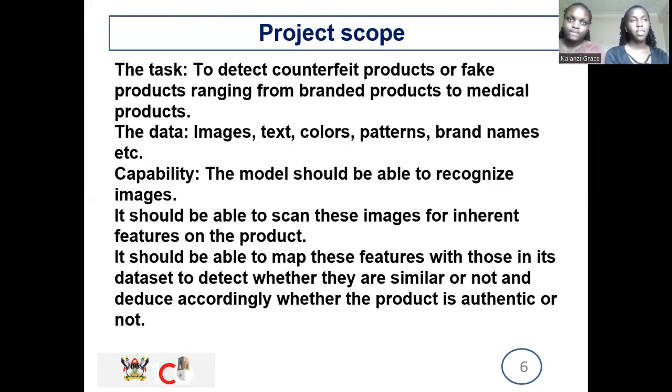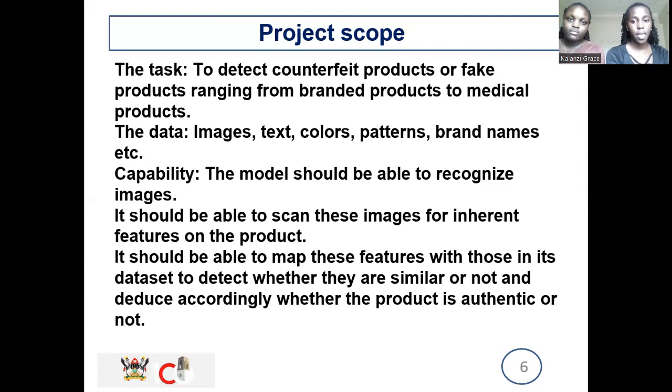The system should be able to recognize the different images that are scanned. Then it should scan for the particular features based on the image that has been taken. Then it should contrast these with the images in its data set, and deduce accordingly.